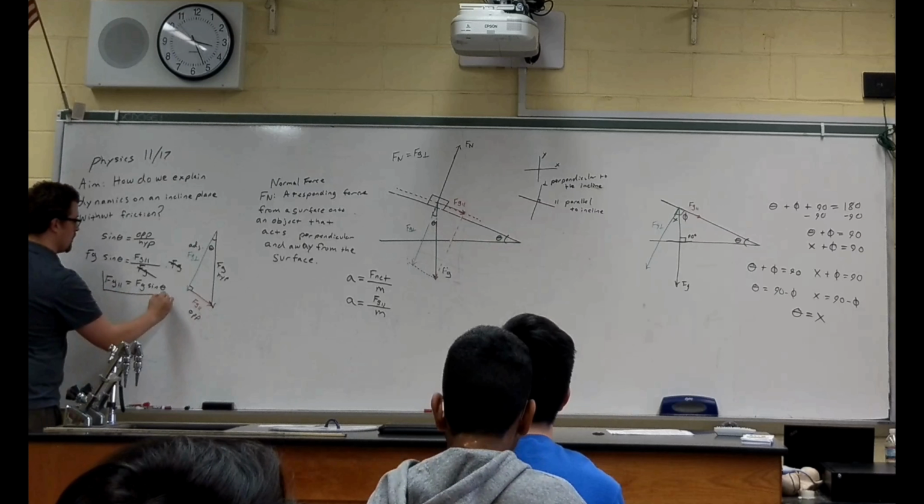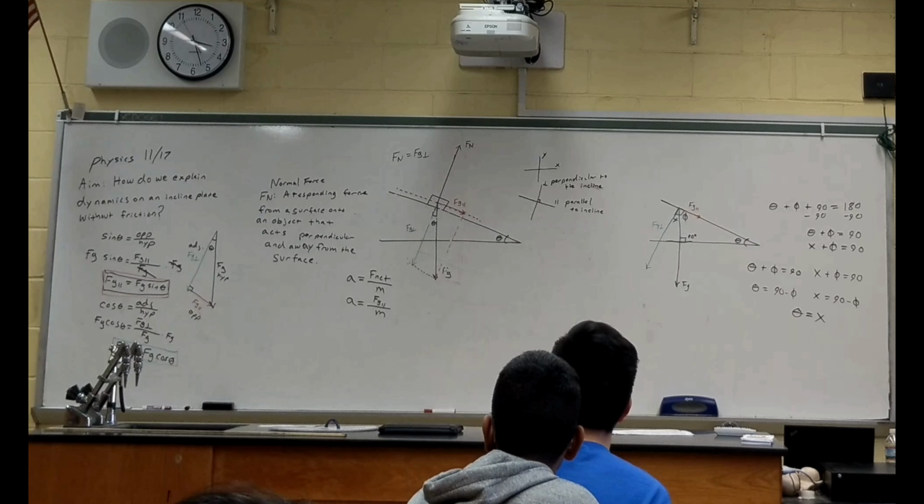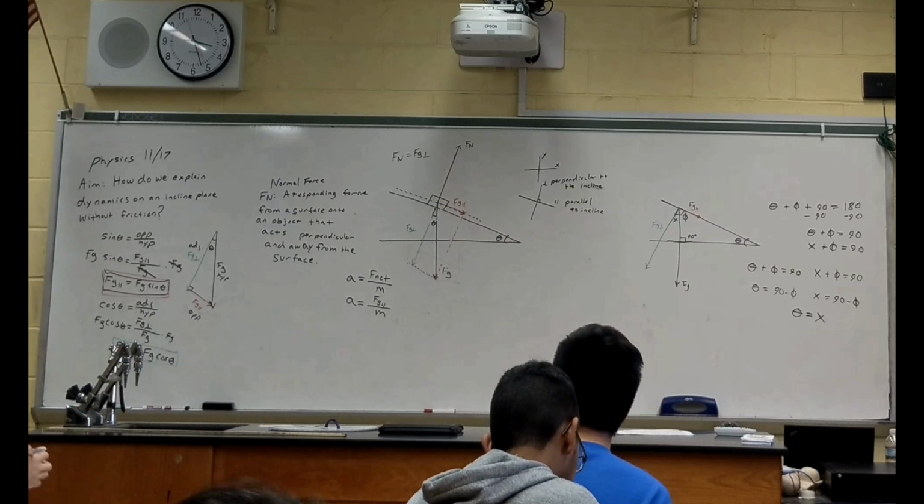These two equations are the most important thing about this whole lesson today. For one, they're not on the reference table. You won't find them anywhere. The only way to get them is to draw all these triangles and figure it out from trigonometry, or just remember: down the incline is sine, into the incline is cosine. Yes?